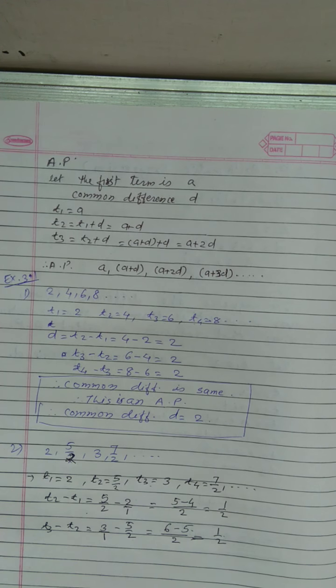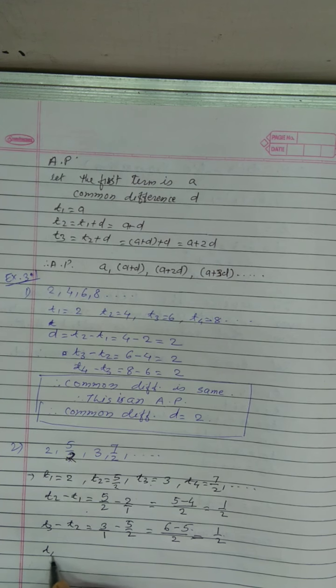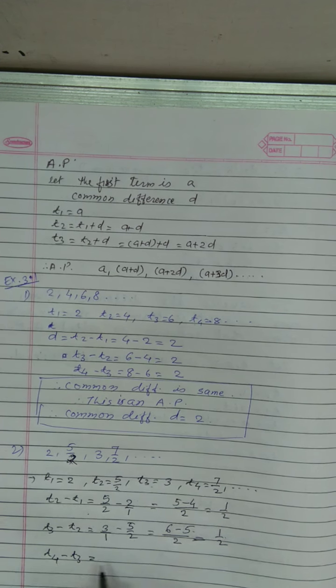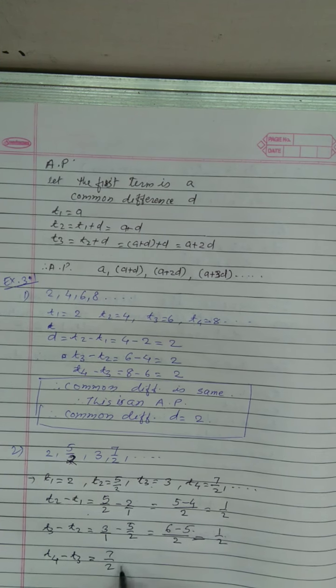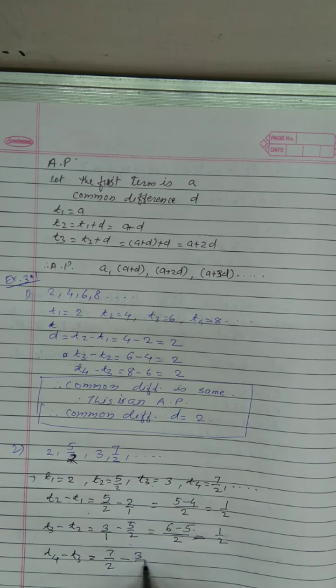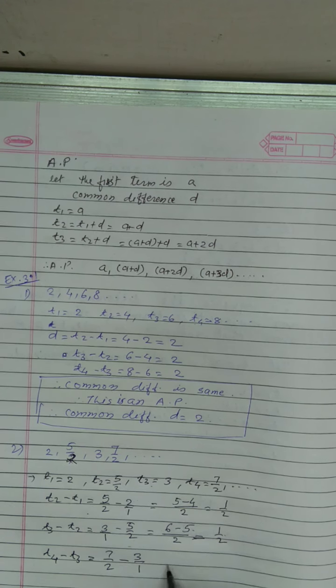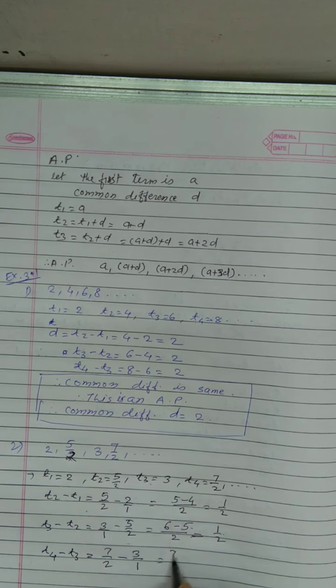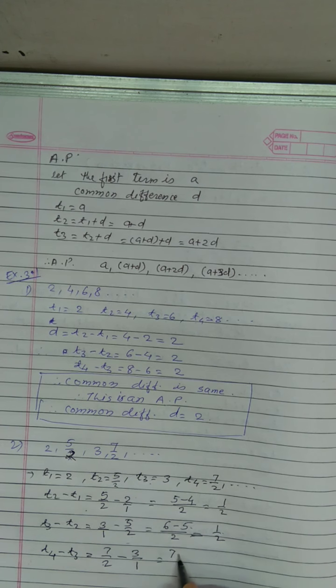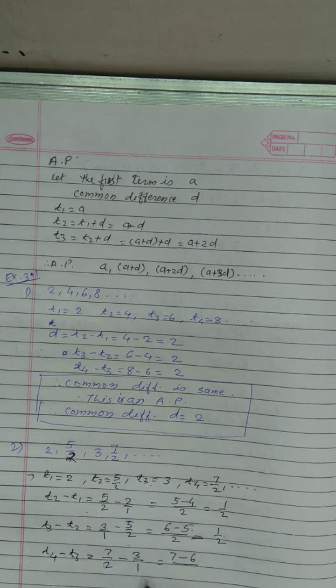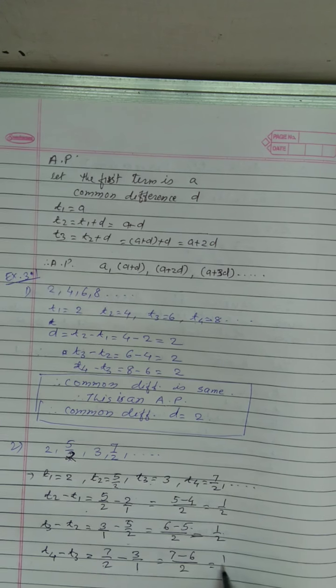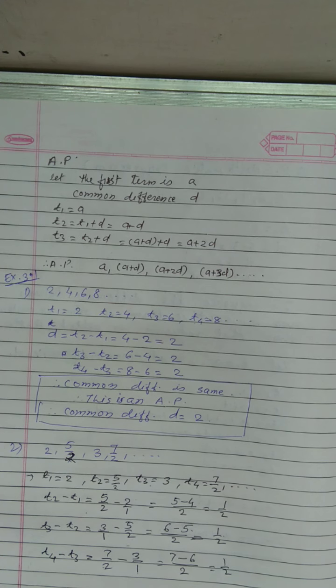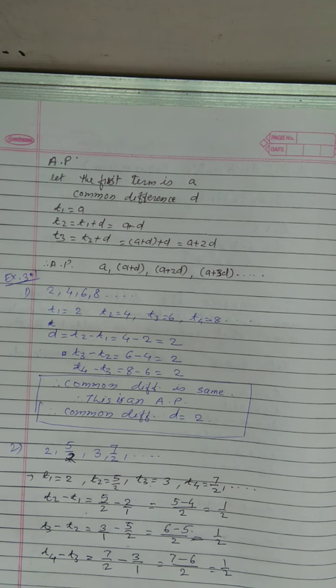The difference is the same. Now we get T4 minus T3. T4 is 7 upon 2 minus T3, which is 3 upon 1. Hence 7 into 1 is 7, minus 2 into 3, which is 6, upon 2 into 1, which is 2. Hence the difference is the same, which is half.